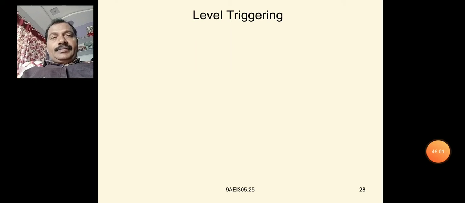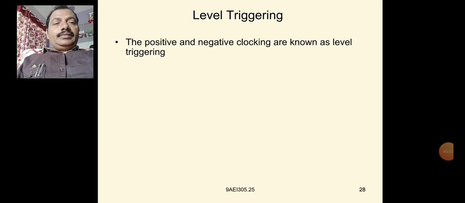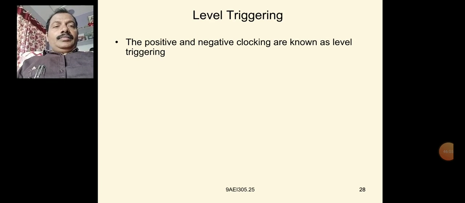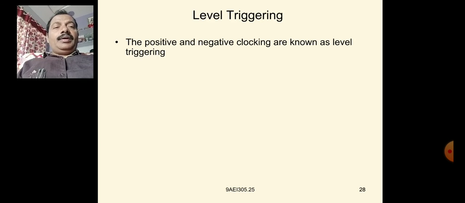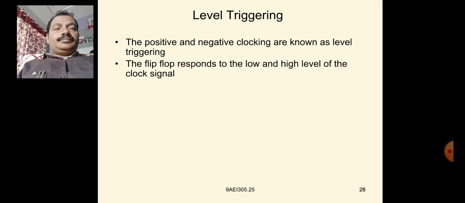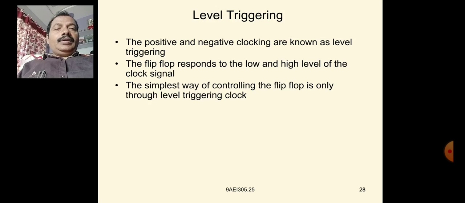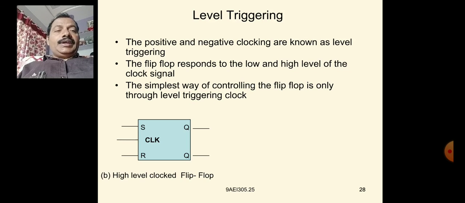Next, level triggering. In level triggering, edges are not taken into consideration, but the level of the clock will activate the circuit. The flip-flop responds to the low or high level of the clock signal. The simplest way of controlling the flip-flop is through a level triggering clock.